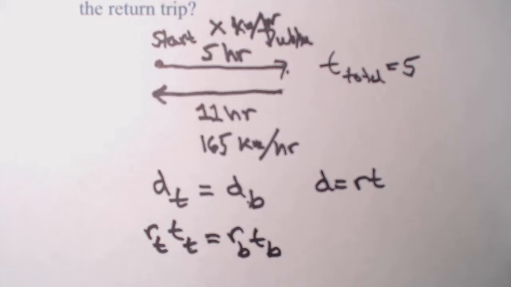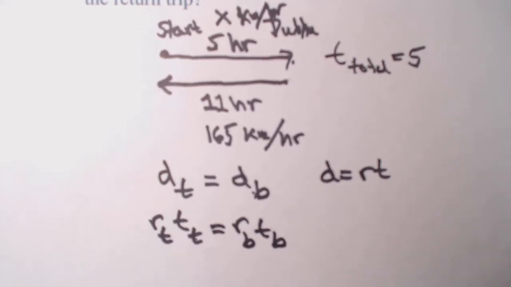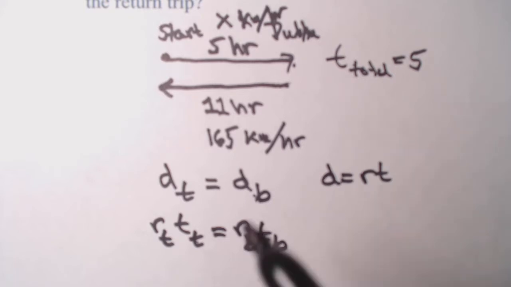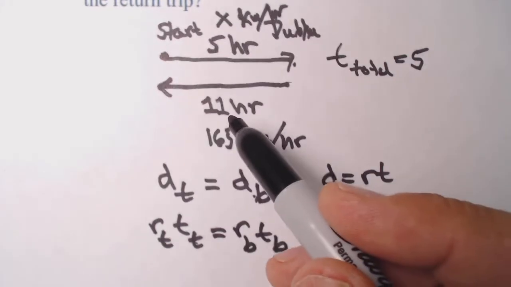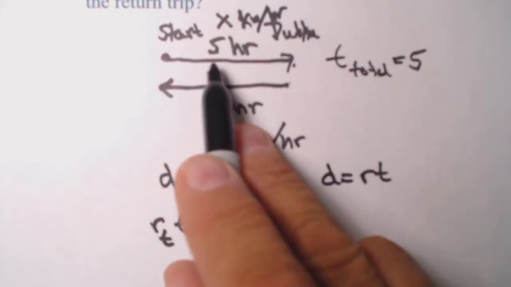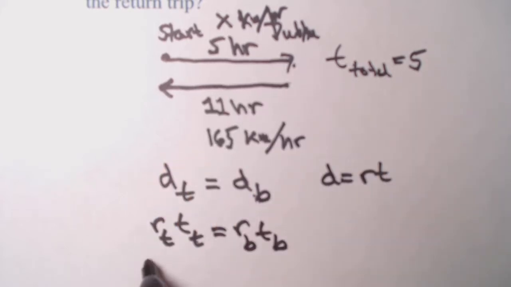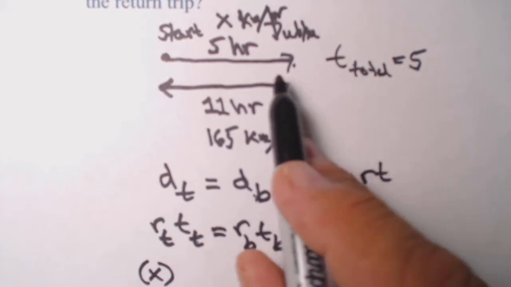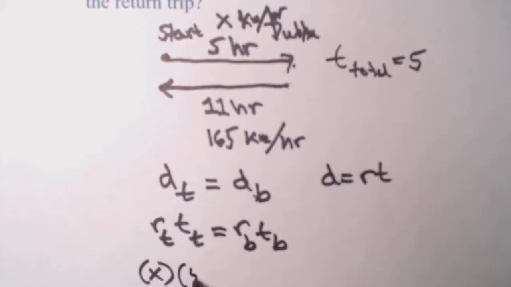Let's turn around now and plug in the values that we have for this. So remember, the rate of speed going to Dublin, that's our x. The time going to was 5 hours.